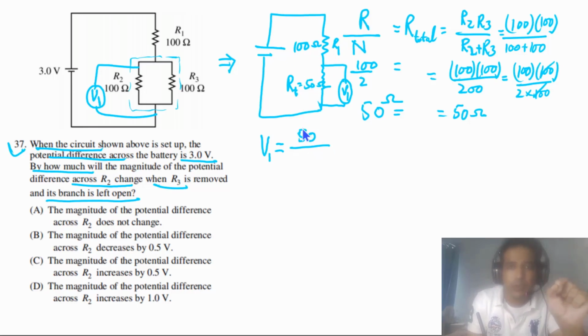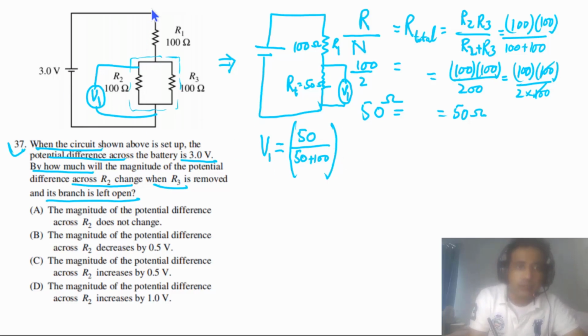This formula you can only use if the resistors are connected in series. So we have the resistance of this resistor divided by total resistance, meaning 50 plus 100, and we multiply this with the potential difference across these resistors in series, that is equal to 3 volts.